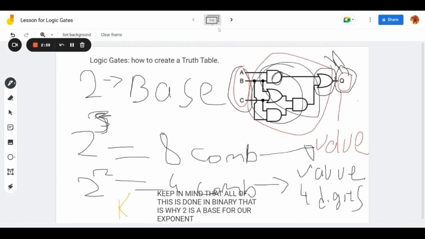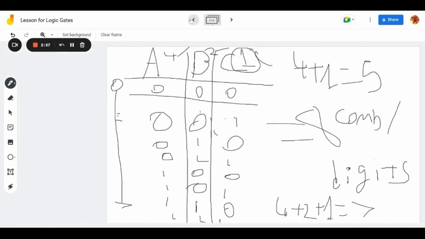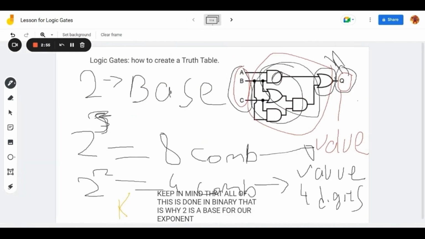So basically, to summarize how to make truth tables: truth tables are a way of solving schematics like this over here, and we use binary numbers to do that. Because we use binary numbers, we use the base of 2, and depending on how many inputs there are, whether 1, 2, or 3, we raise 2 to that value, and it gives us the number of combinations.